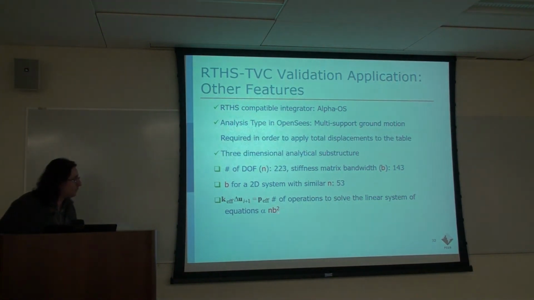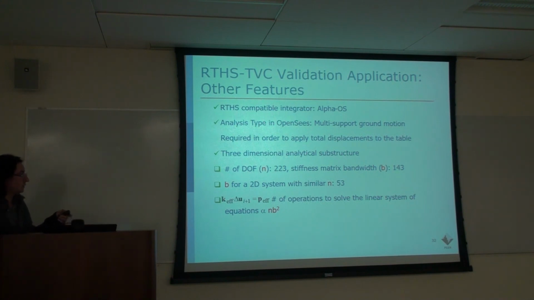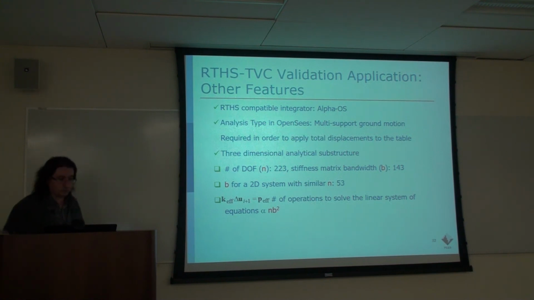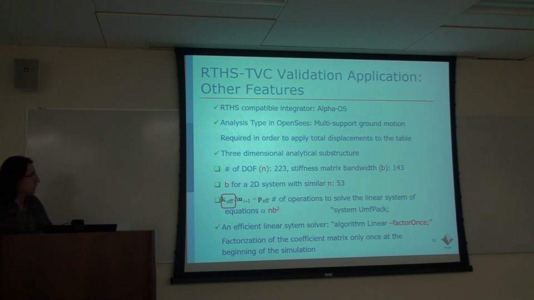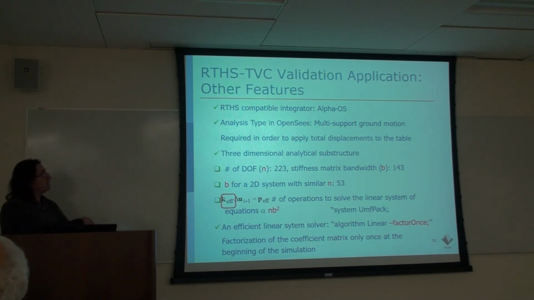So when your b increases, your computation time increases with the square of that. So to be able to handle the situation, we use this system solver that does the factorization of the coefficient matrix only once at the beginning of the simulation.